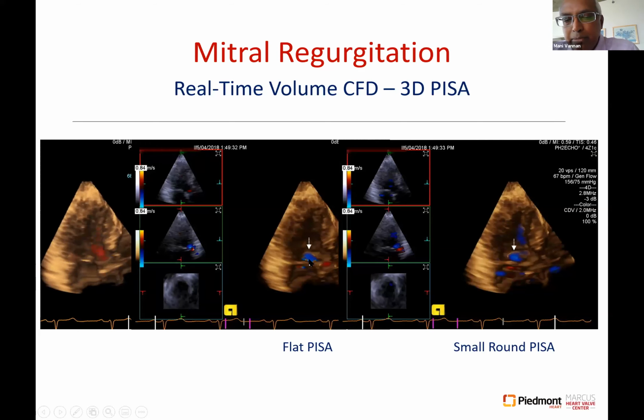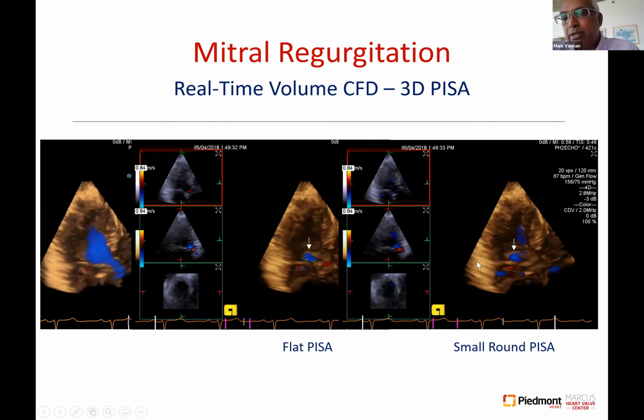But remember, 3D PISA EROA, although better than 2D PISA EROA, is not perfect. It also suffers from shortcomings, but it is slightly better. As you can see in this patient, even if you were to do 3D PISA, the 3D PISA surface varies throughout the systolic phase of the cardiac cycle.